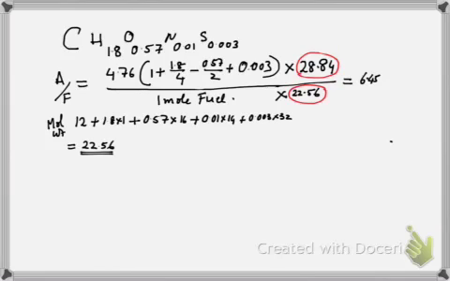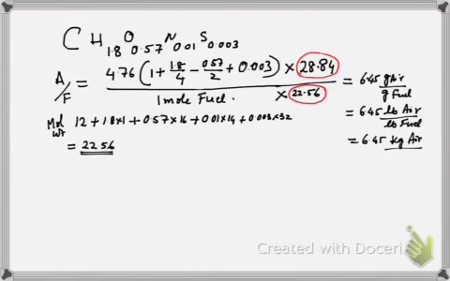In other words, 6.45 grams of air are required per gram of fuel, in this case biomass, or 6.45 pounds of air per pound of fuel, or 6.45 kilograms of air per kilogram of fuel.